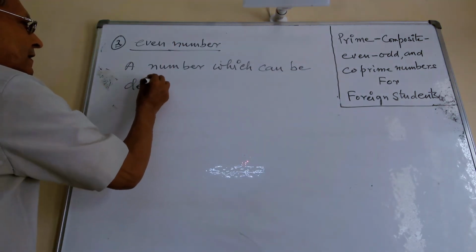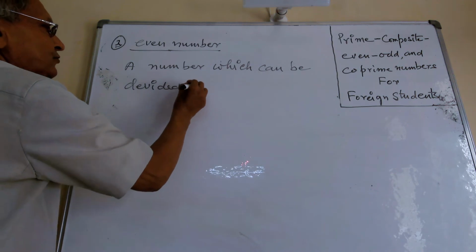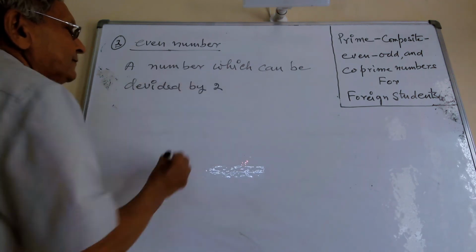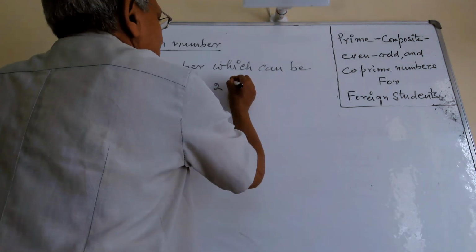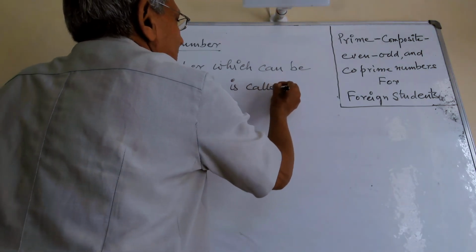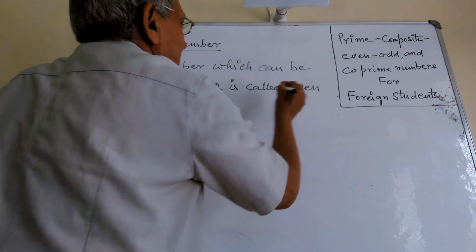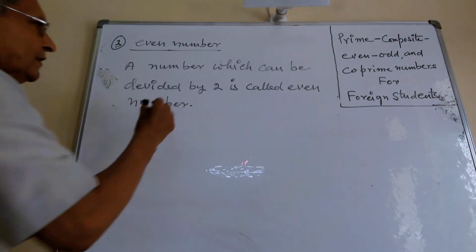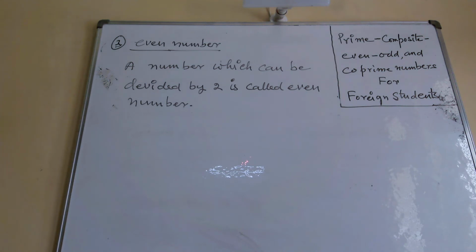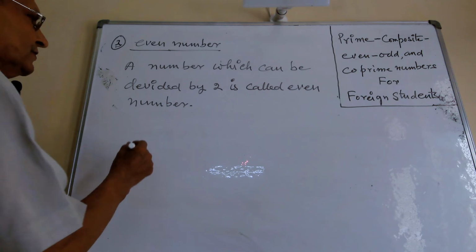A number which can be divided by 2 is called even number. This is the definition of even number. A number which can be divided by 2 is called even numbers.